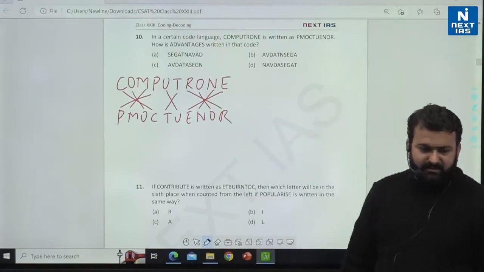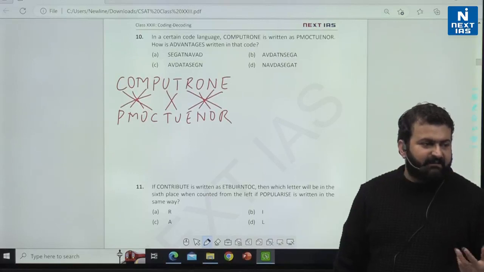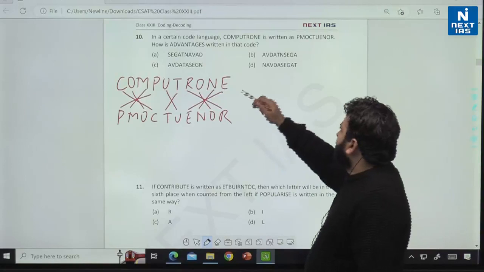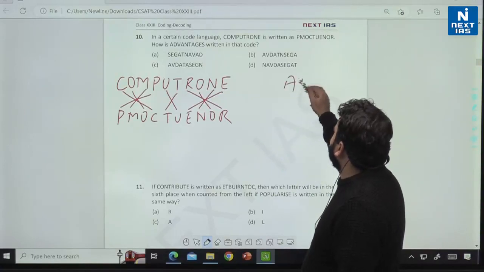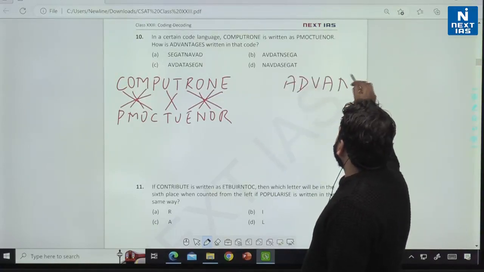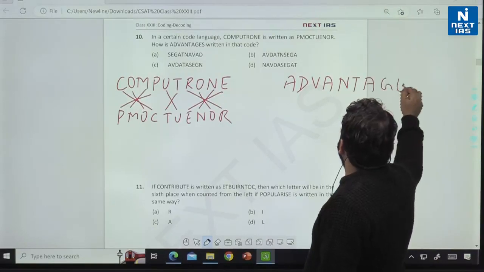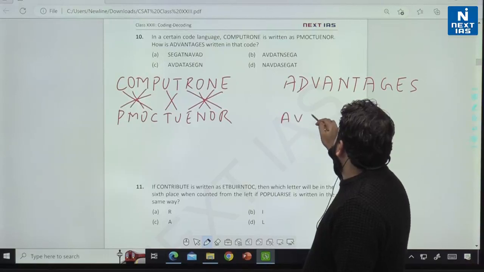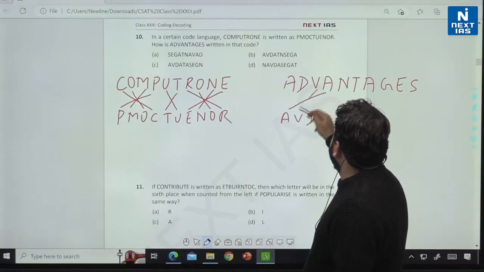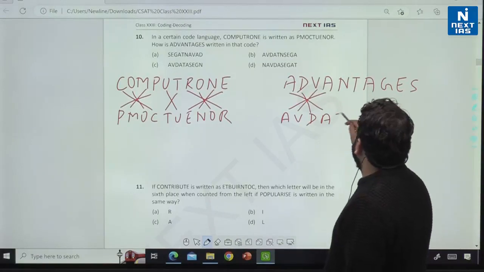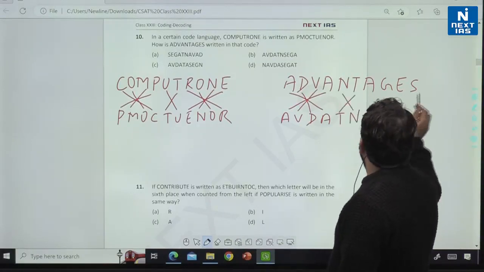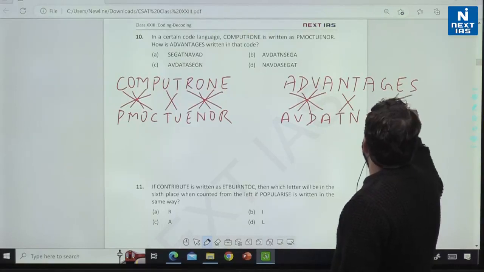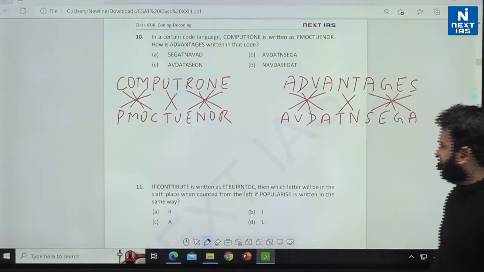Okay, so it means the letters of the same word are jumbled. So first 4 letters, then TN, then the last four, SEGA.